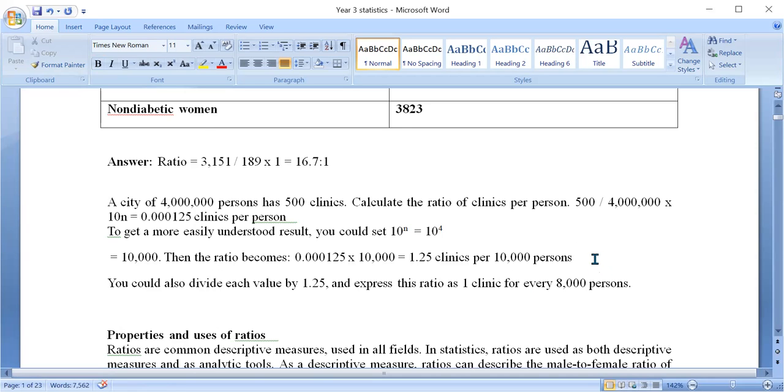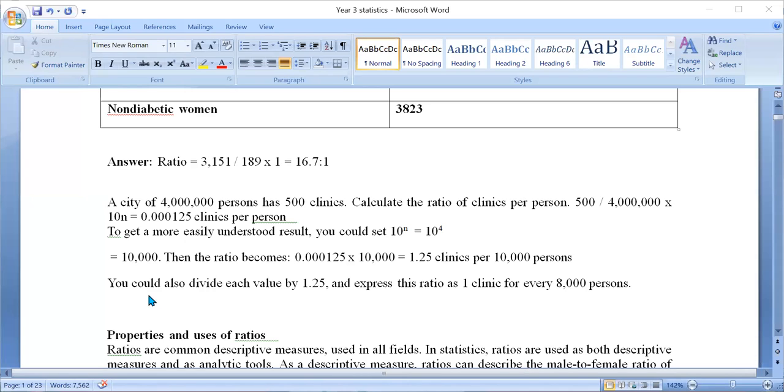So we now have to divide each value, that is 1.25, and express this as a ratio, as one clinic for every 8,000 persons. Okay, so that is how you do it.